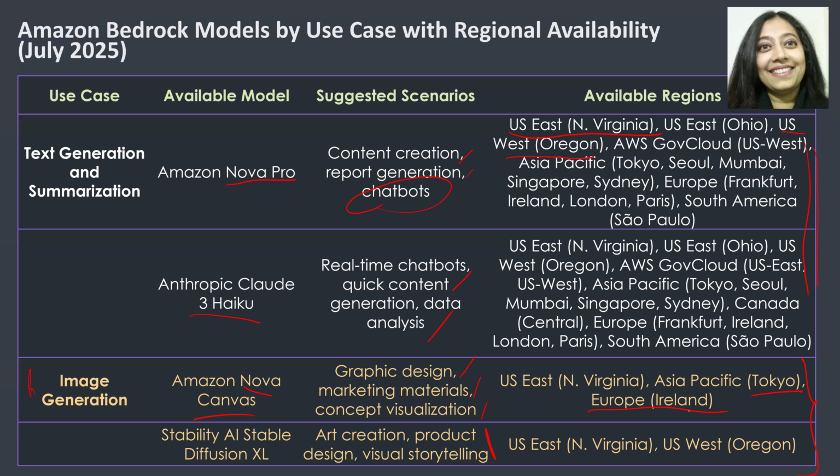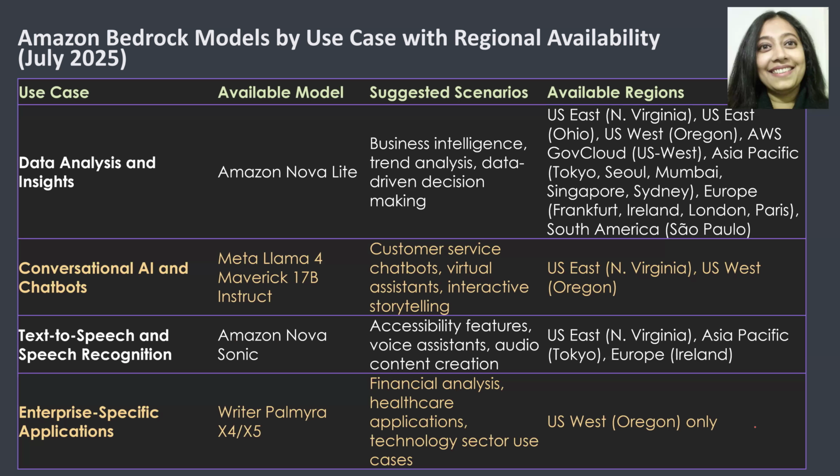The next use case that we have is data analysis and insights. One of the models that is available in Amazon Bedrock is Nova Lite, and that is good for business intelligence, any kind of trend analysis, data-driven decision making, and these are the regions that it is available in.